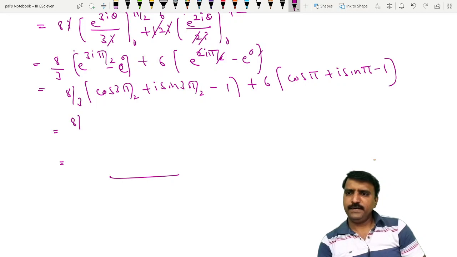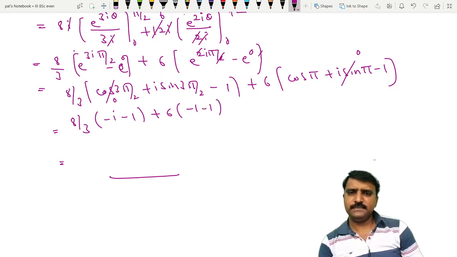It is 8 by 3 into cos 3 pi by 2 is 0, sin 3 pi by 2 is minus 1, so it is minus i minus 1, plus 6 into cos pi is minus 1, sin pi is 0, minus 1, so it is minus 2 minus 2.